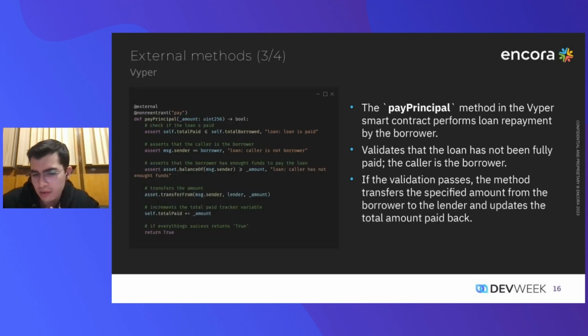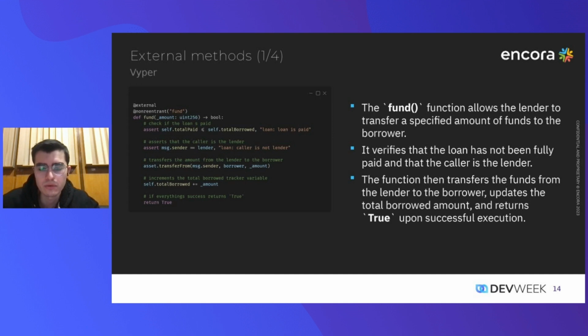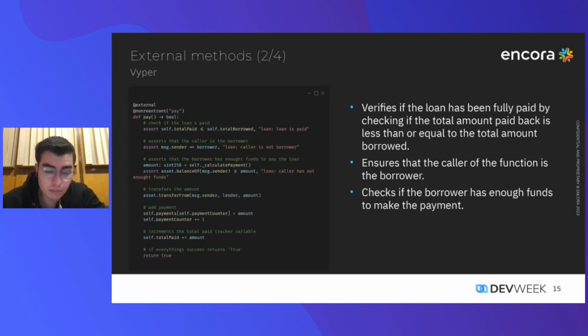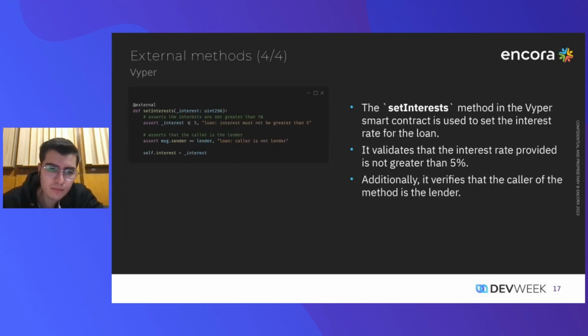So yeah, I'm going to briefly rewind and go again over all these methods. We have the fund, the pay principal, and the set interest. So it's really simple, and we can avoid a lot of confusion while developing, while interacting with a financial institution per se, or if we want to, I don't know, create some decentralized protocol.